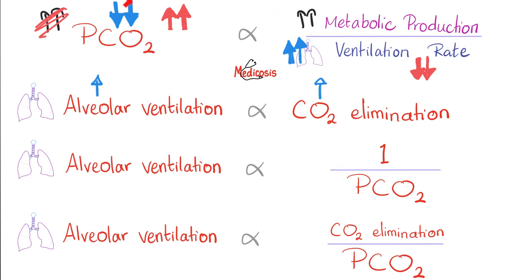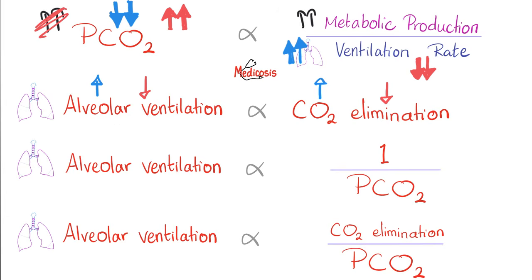Less acid equals respiratory alkalosis. Conversely, if I have hypoventilation, carbon dioxide elimination will decrease, leaving tons of carbon dioxide within me, causing respiratory acidosis because carbon dioxide is an acid. When the acid accumulates in my body, we call it acidosis.